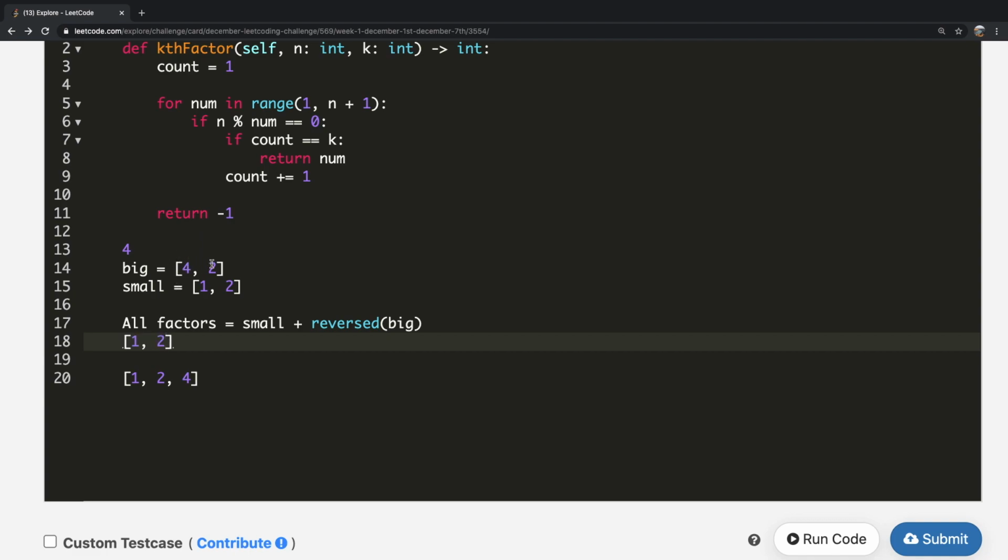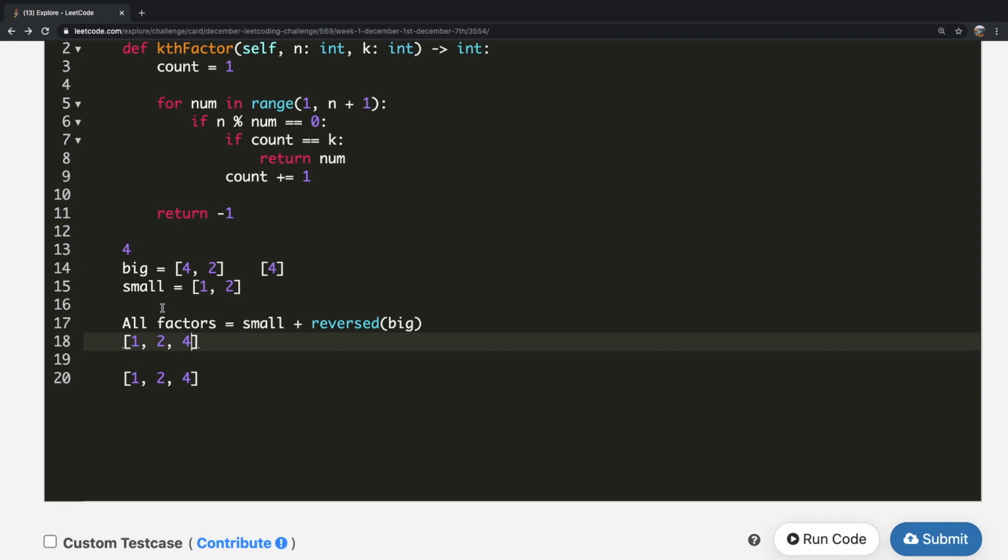Now the big values: first we reverse them, so we end up with 2, 4, and we add this to our final all factors. But we're going to ignore the 2 since we're already considering it inside of small. So we only need to consider the 4. So 1, 2, 4, and these are going to be all of our factors.